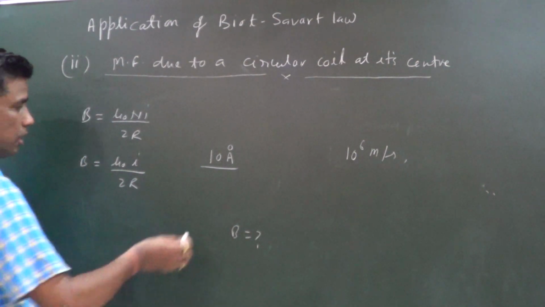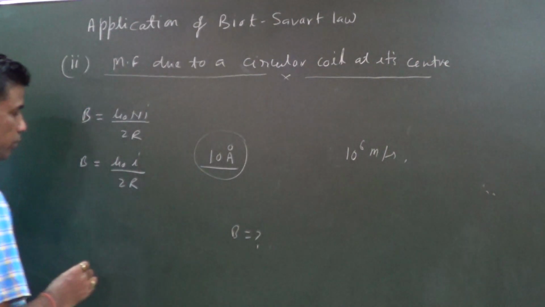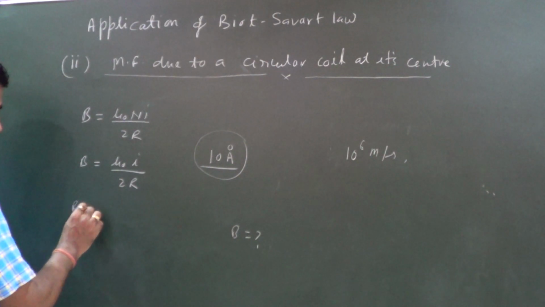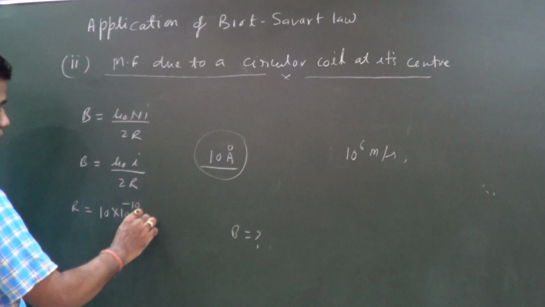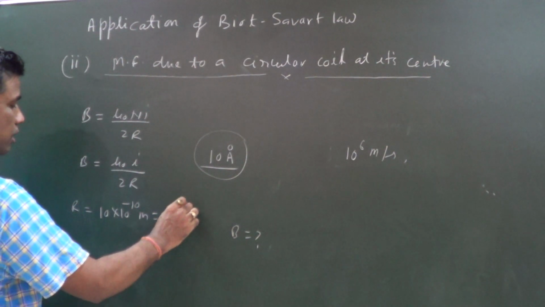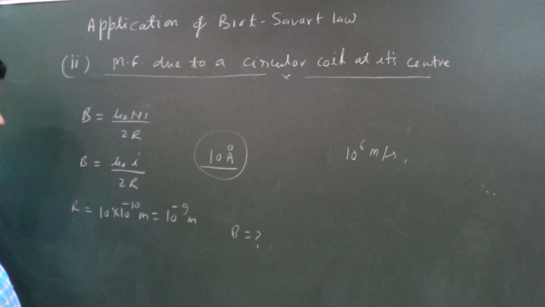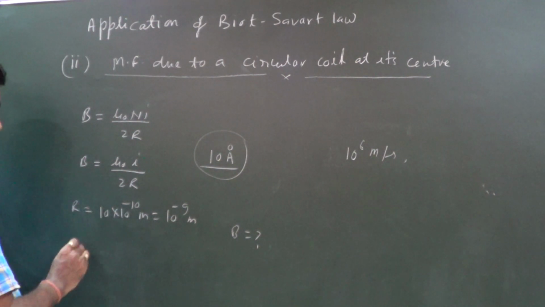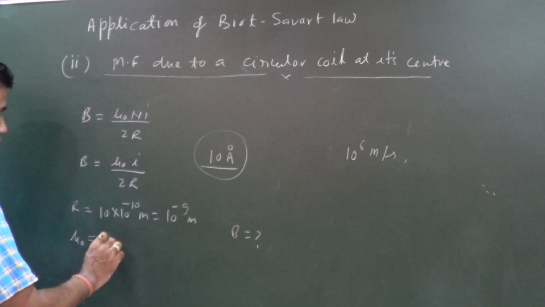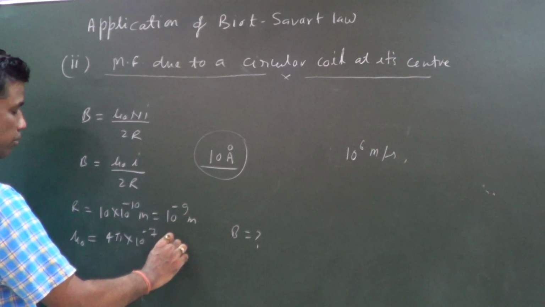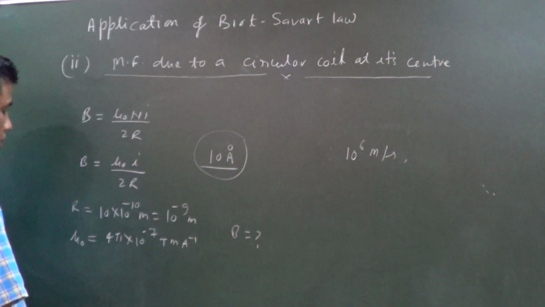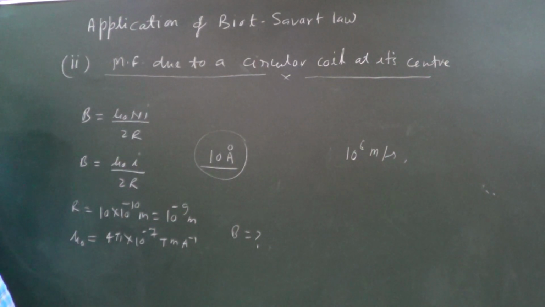Now students, the radius is given in the question. So we can write, radius is known. It is 10 into 10 power minus 10 meter, which is equal to 10 power minus 9 meter. Mu naught we know very well, its value is 4 pi into 10 power minus 7 Tesla meter per ampere. So the value of mu naught is also known.